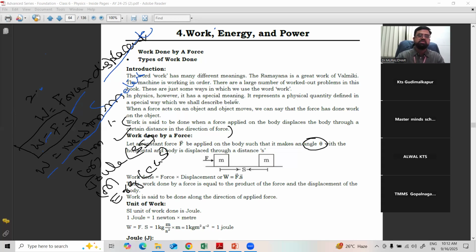So this is the physics definition of work. Work is said to be done when a force applied on a body displaces the body through a certain distance in the direction of force, which is given by work is equal to force into displacement, W is equal to F dot S, measured in Newton meter or joule or erg. Clear?